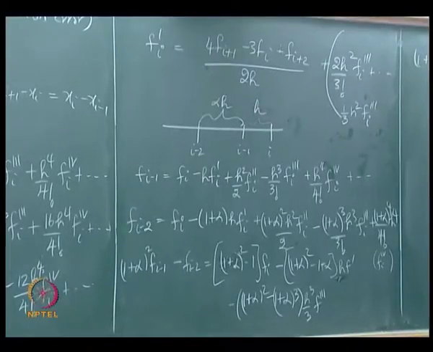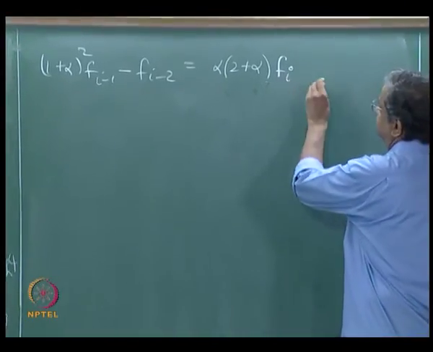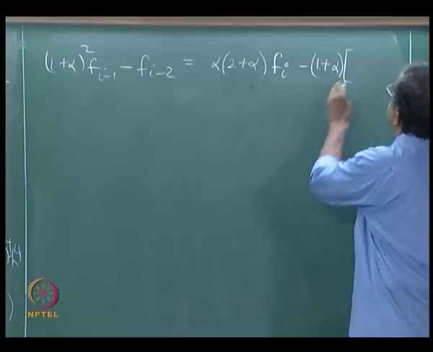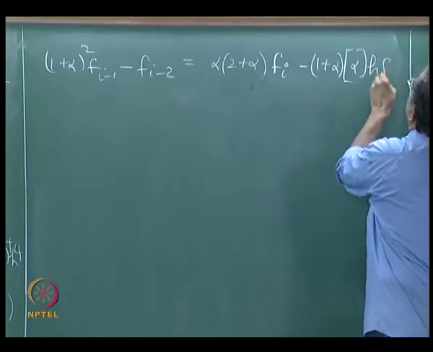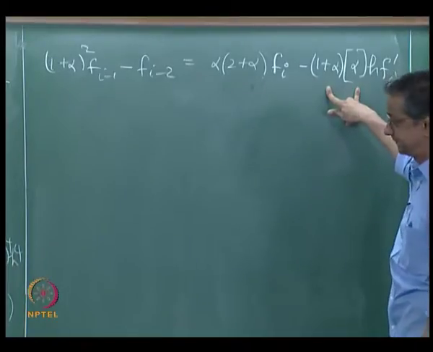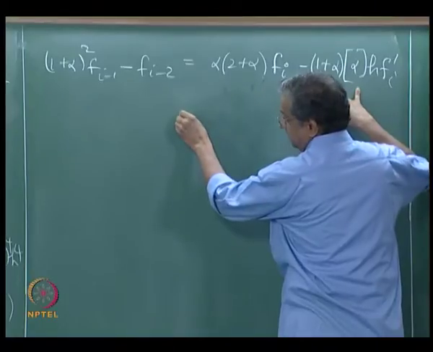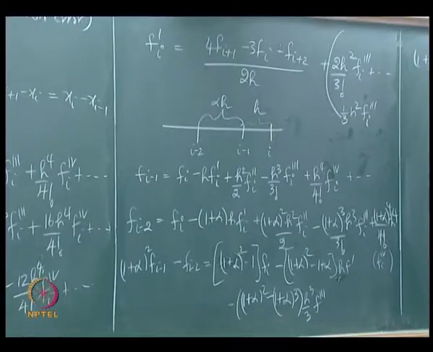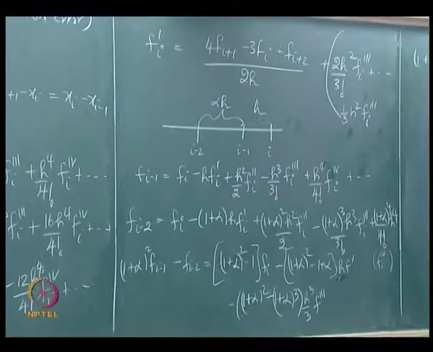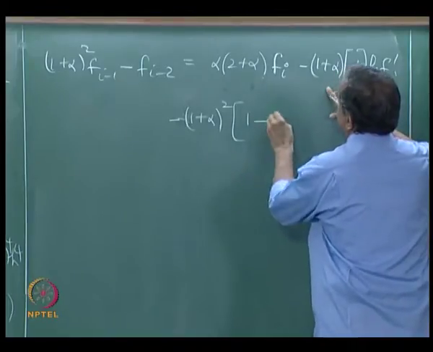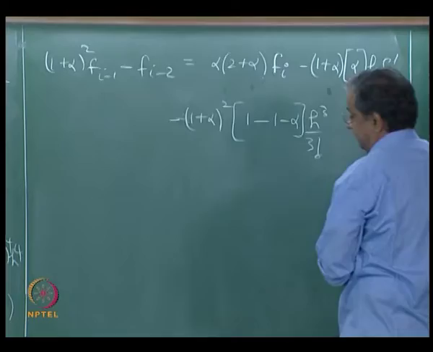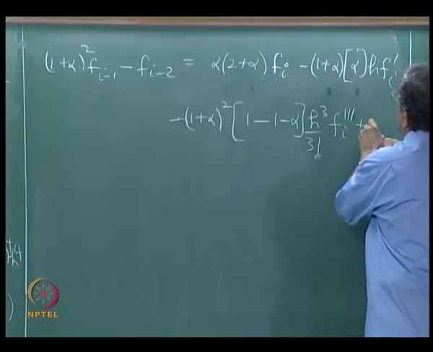I can factor out 1 plus alpha, so that gives me a minus 1 plus alpha into alpha h f prime at i, and if alpha equals 1, that is 2, okay, that also works, plus or minus 1 plus alpha squared into 1 minus alpha h cubed by 3 factorial f triple prime at i and so on.